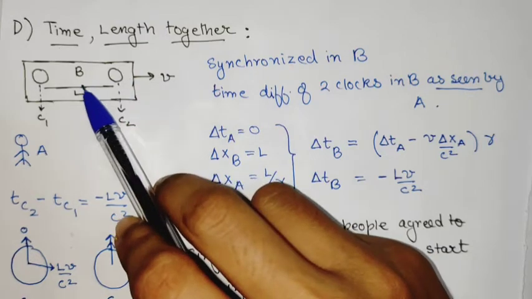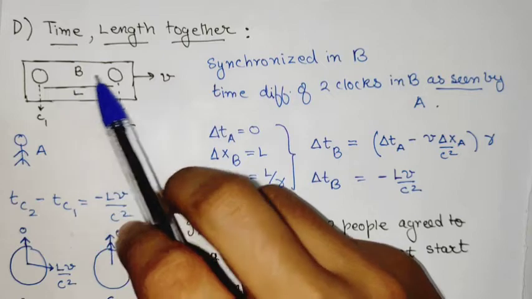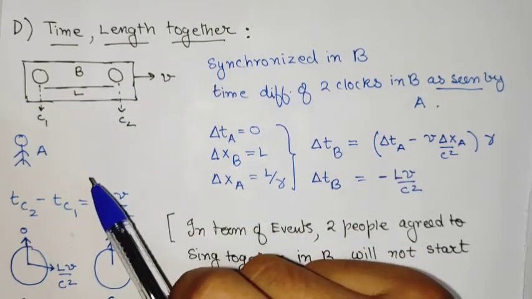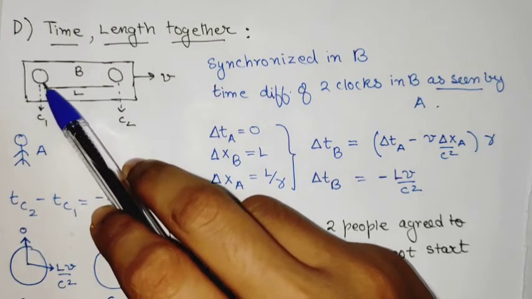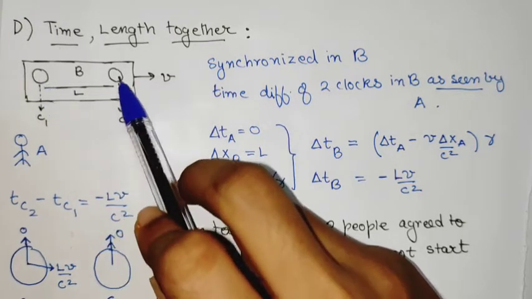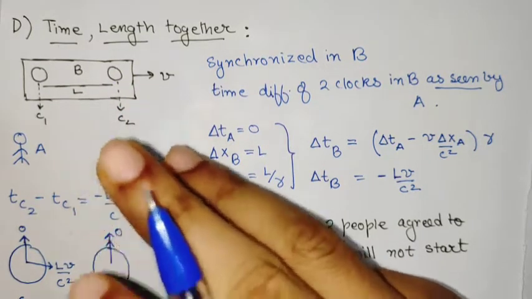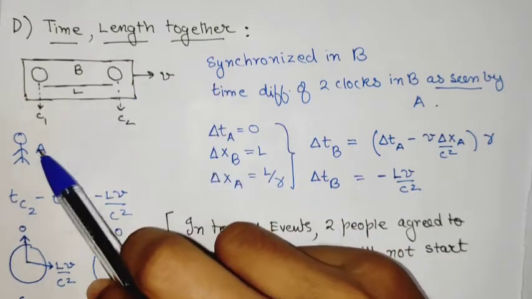That means if an observer is in the train, he sees that the two clocks are ticking together. The question we ask is: what is the time that A observes in these two clocks that are moving in B? So we have to find time in B as observed by A.